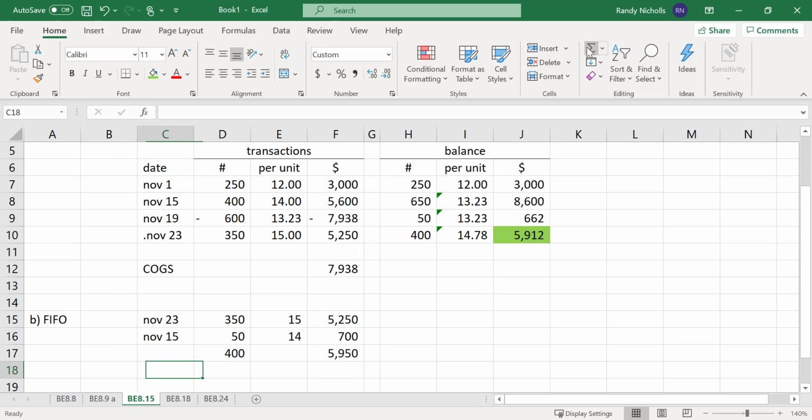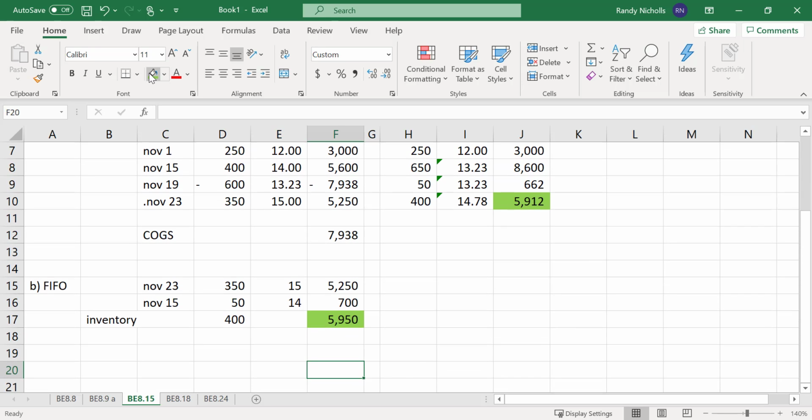And there's my inventory. Okay, so the 400 that I most recently purchased are what's in my inventory.